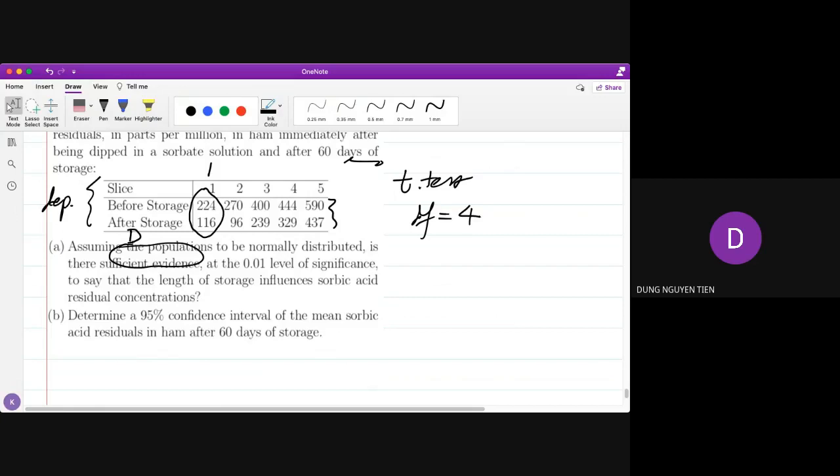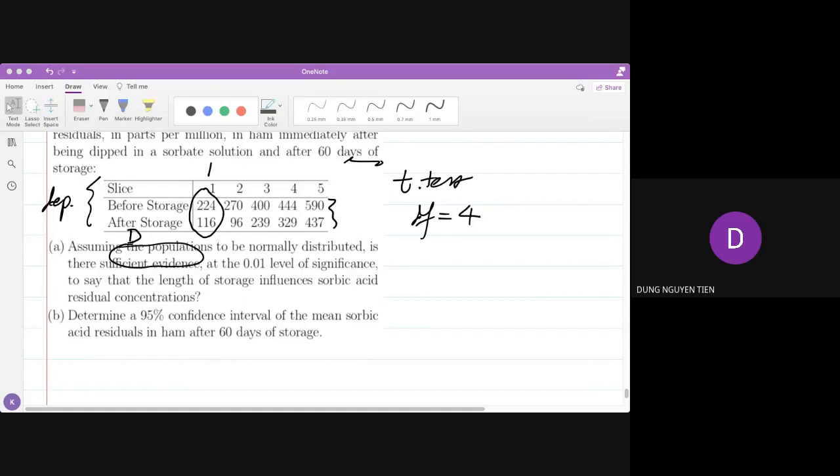Do you understand? Is that clear? In the second row, they use the same piece of ham. That's why you need to look at the difference. Okay? Is that all right? Everybody?